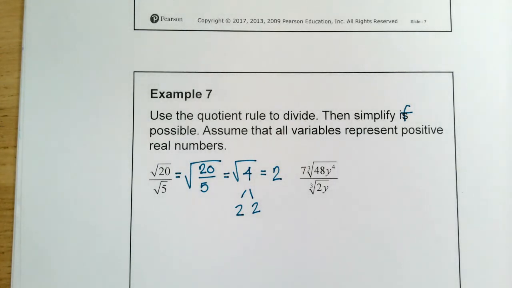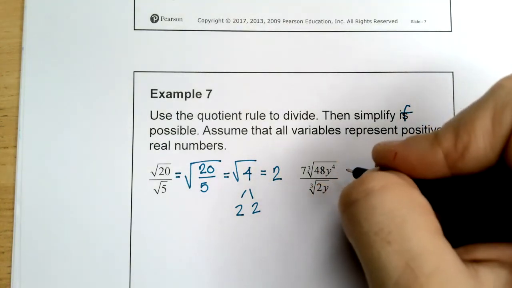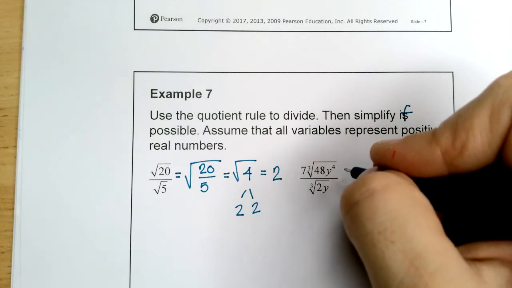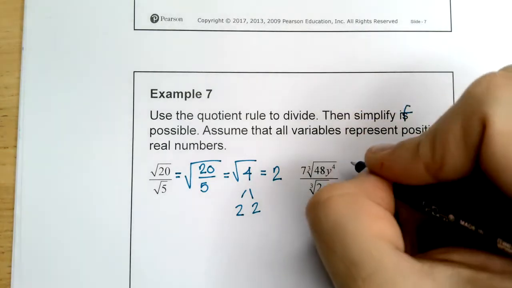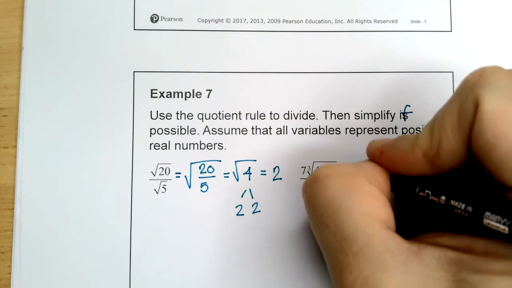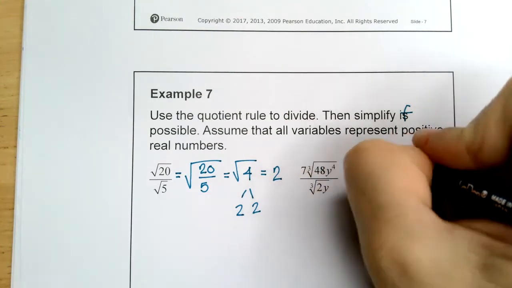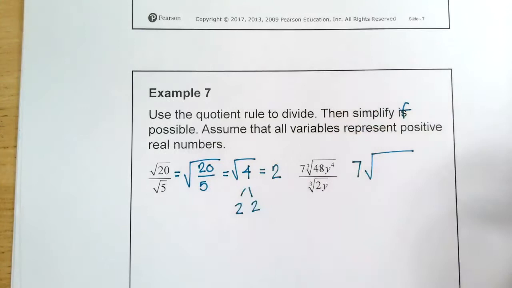Okay. Here we have 7 times the cubed root of 48y to the 4th over the cubed root of 2y. Good. Same here. 48 divided by 2, I could do that and change it to a simpler radicand.